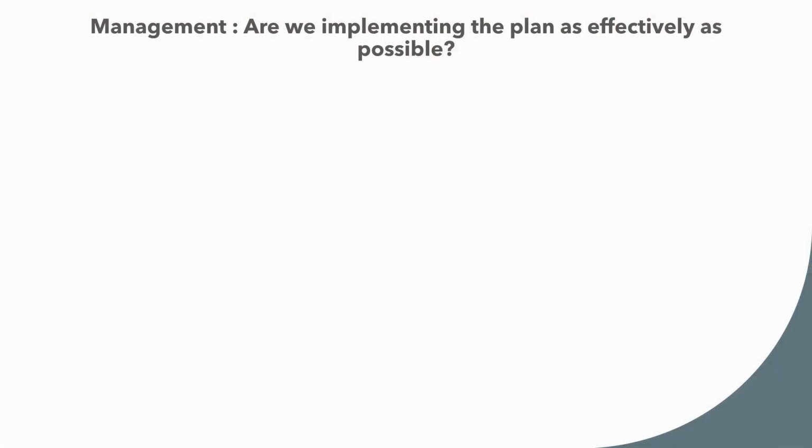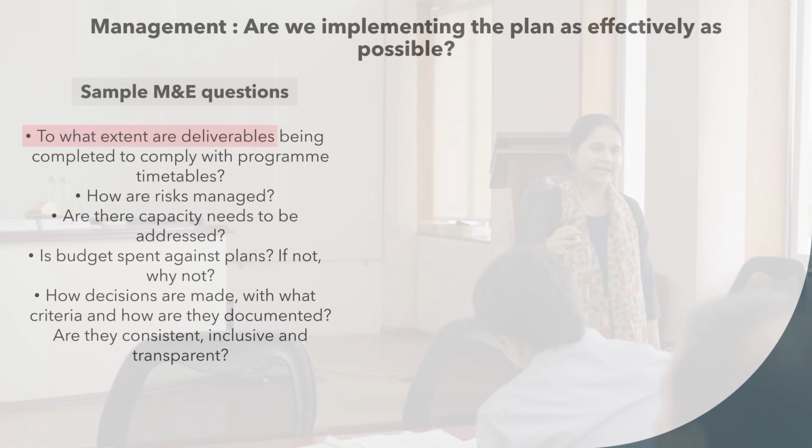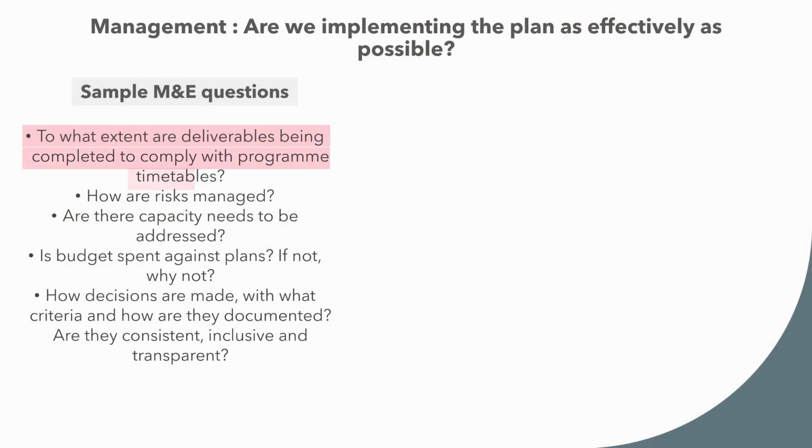Something of a management function that M&E would serve is: are we implementing the plan as effectively as we think we can? So there are certain questions, that is, if I had a certain set of indicators, to what extent did I implement them? So let's say I was supposed to achieve certain goals within 3 years.